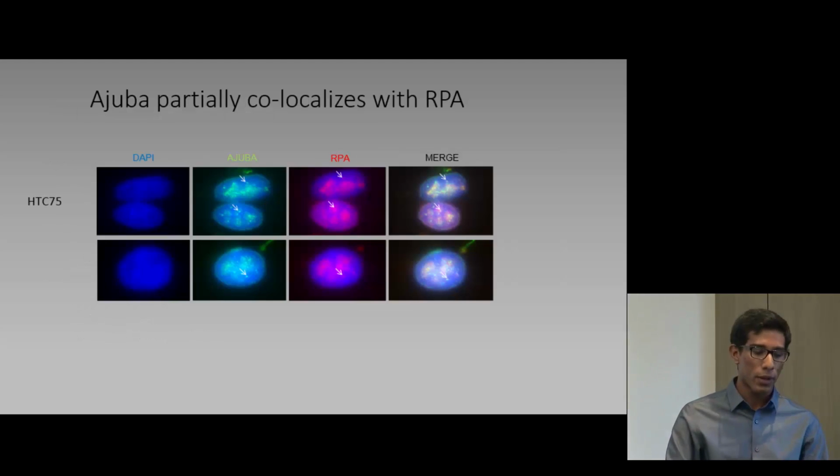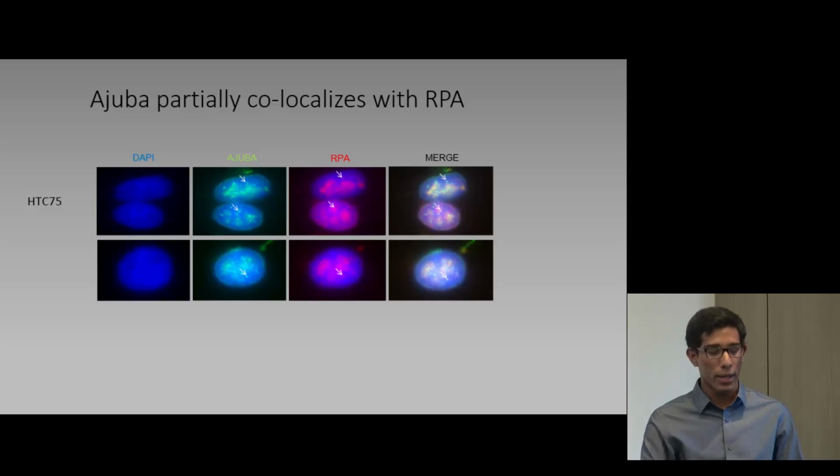We have our cells, which here are HTC75. The blue is DAPI, which stains the DNA. The green is Ajuba. The red is RPA, and the merge is the combination of the last three pictures.